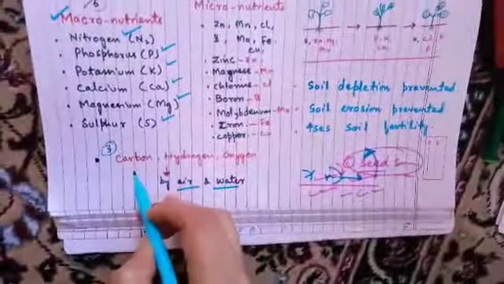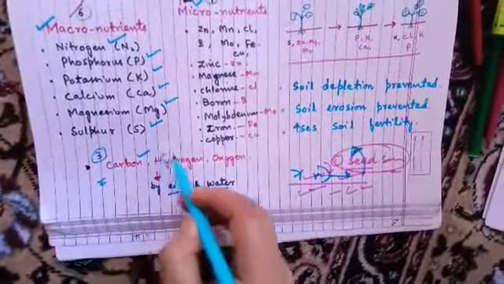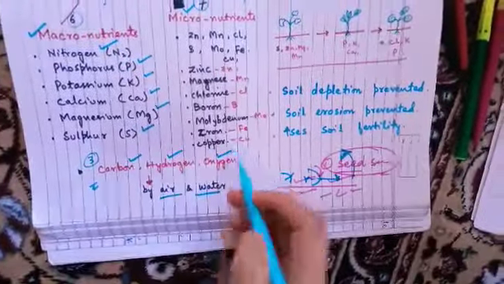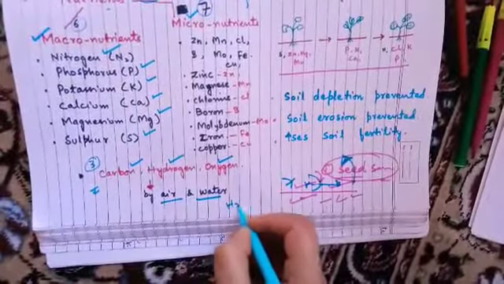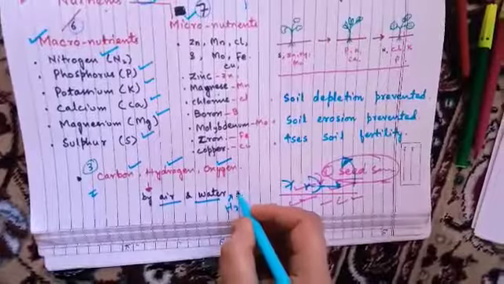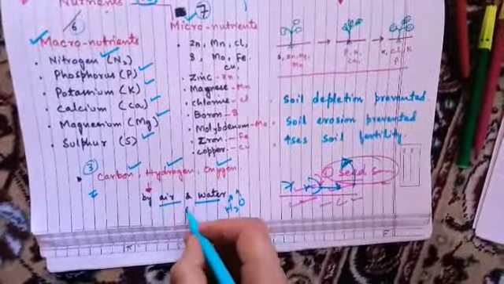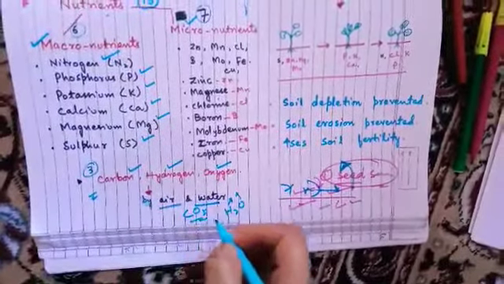The 3 that come from air and water are carbon, hydrogen and oxygen. H2O means water, so it has 2 atoms of hydrogen and 1 atom of oxygen. And carbon, you know, CO2 is present in air.